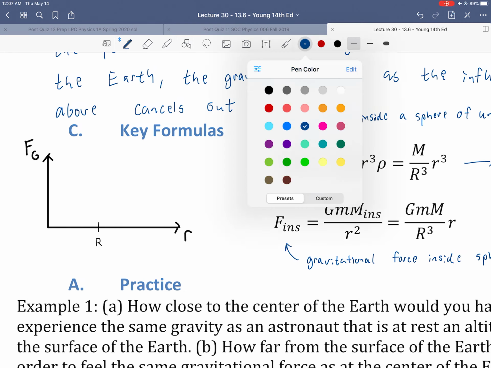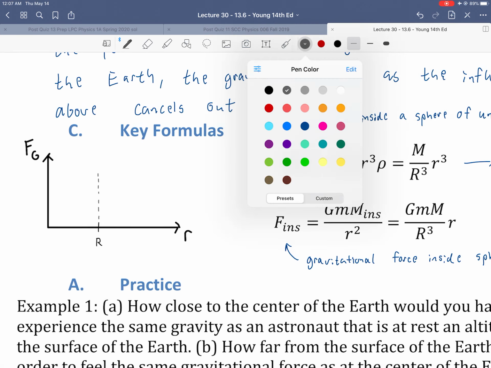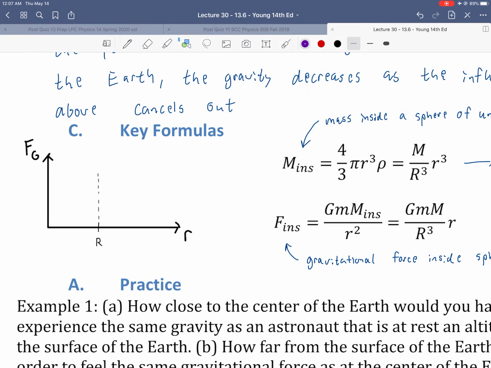And when we graph this, we see clearly that we have our linear relationship up until we get to R. So I want to make this clear as I draw it. So let's have a little r go up a bit. There, that'll do. All right, so we'd have a linear relationship that increases up to some maximum value, like so. Okay, and so that's for little r less than big R.